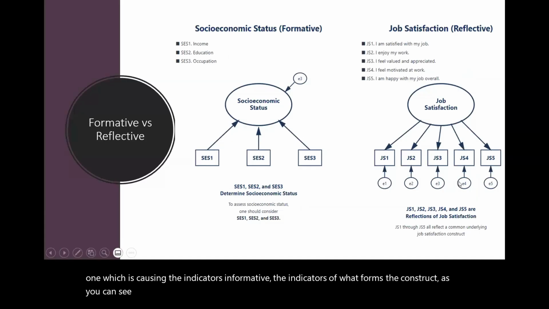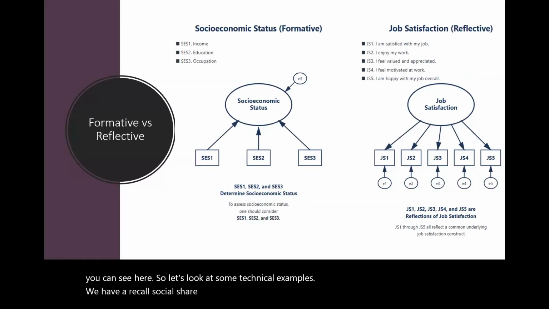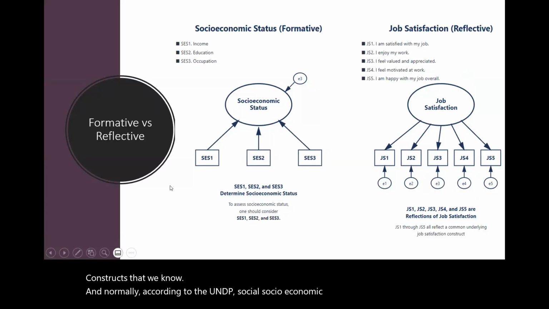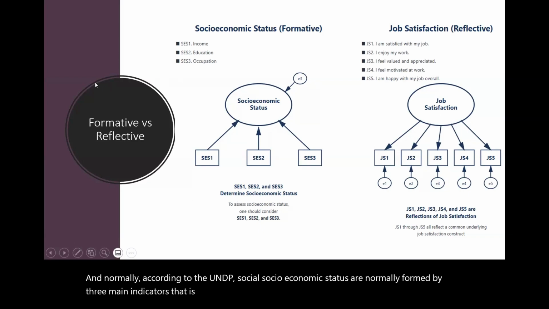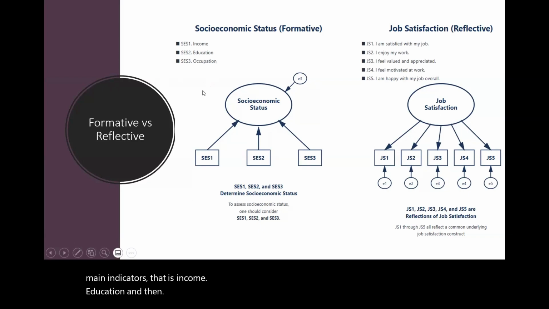So let's look at some typical examples. We have what we call socio-economic status, right? This is a very common latent construct that we know. And normally, according to the UNDP, socio-economic status is normally formed by three main indicators. That is income, education, and occupation.